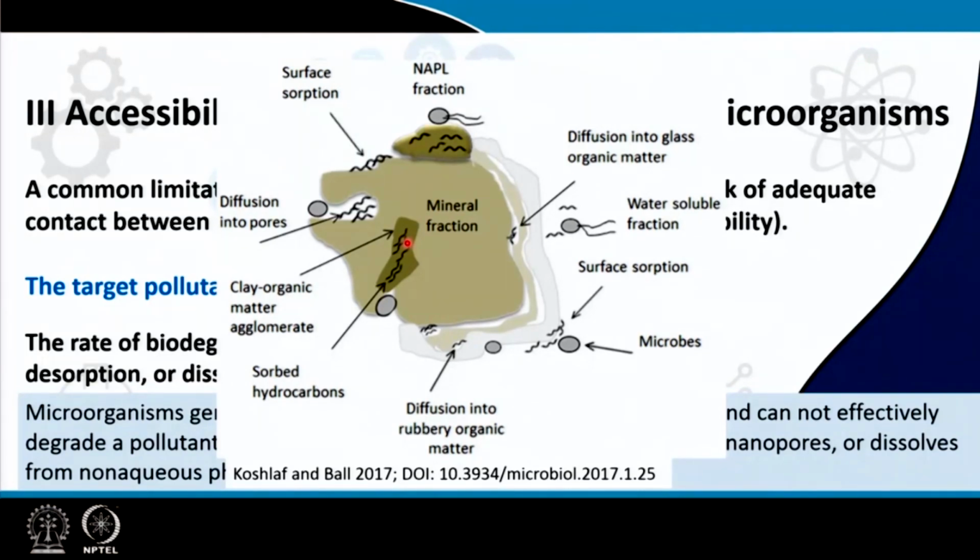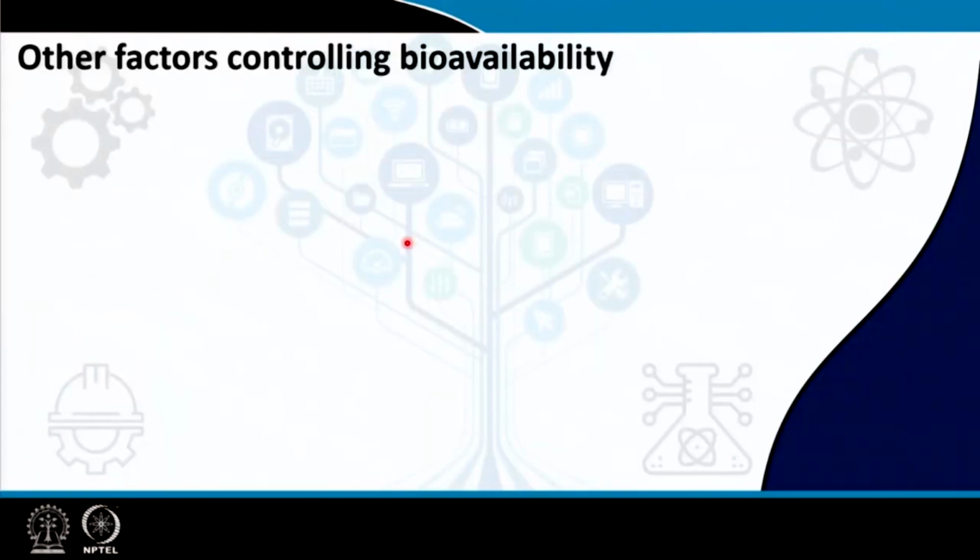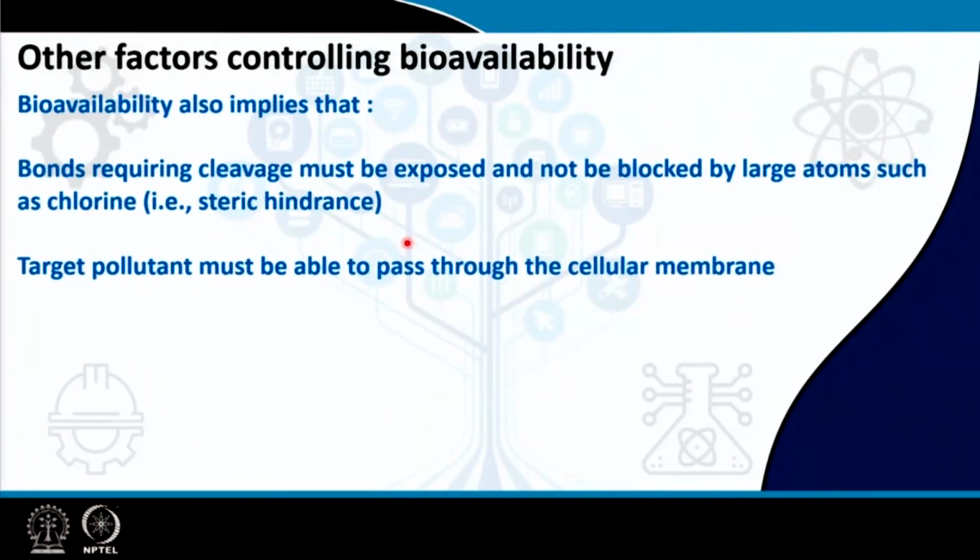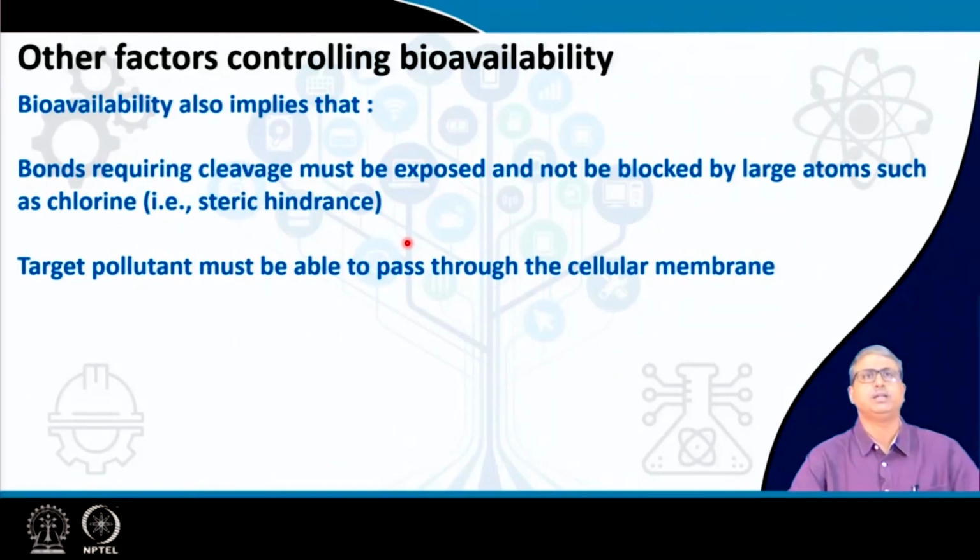One aspect could be the production or availability of different biosurfactants by the microbes. We have often found that microbes produce these biosurfactant molecules to emulsify or solubilize these hydrocarbon molecules and make them available to them. Other factors which control bioavailability could be the bonds requiring cleavage. Cleavage means where exactly the enzymes are going to attack the molecule.